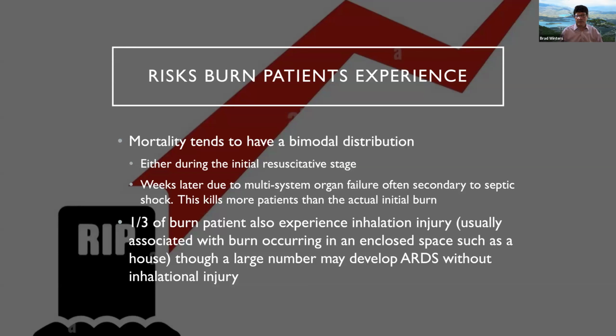So burn patients, even if they get through that first few days of the burn and the burn resuscitation, have a high risk of mortality later on. Infection and multi-system organ failure actually probably kill more patients than the actual initial burn.